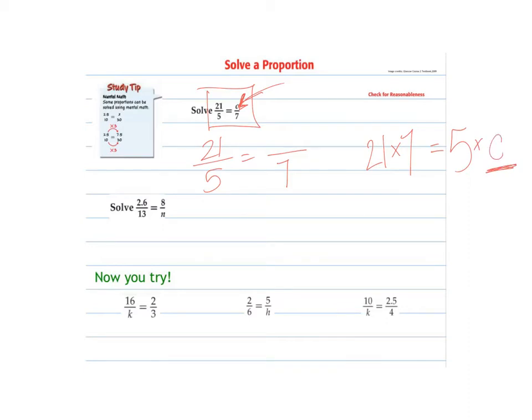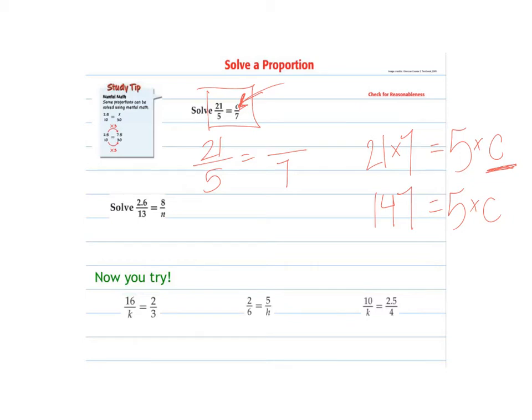So 21 times 7 is 147. And that is equal to 5 times another number. Okay? So then what I'm going to do is actually divide 147 by 5. And I'm going to get 29.4.